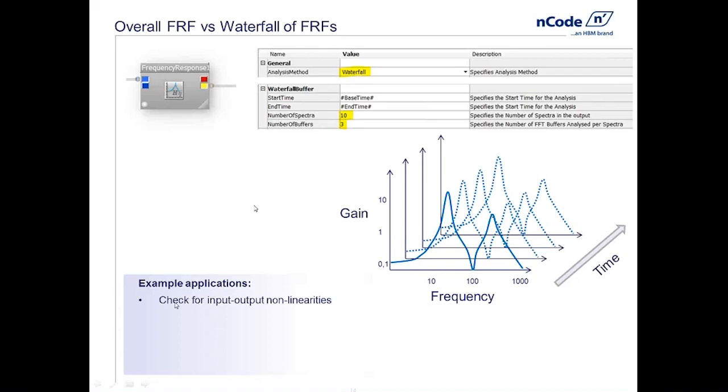The first one is probably to check non-linearities between input and output. Like you're on a shaker and you increase the amplitude of the excitation, the table is moving with higher amplitudes, increasingly with time.